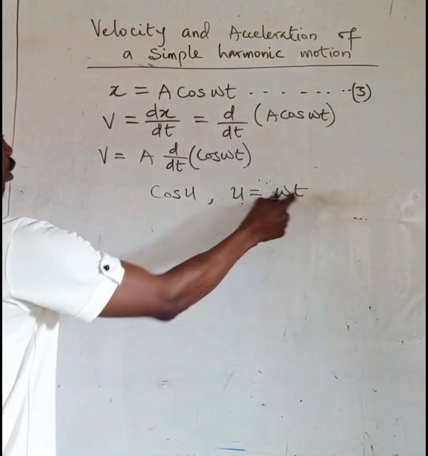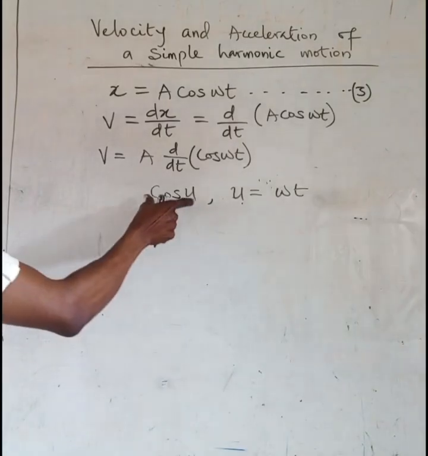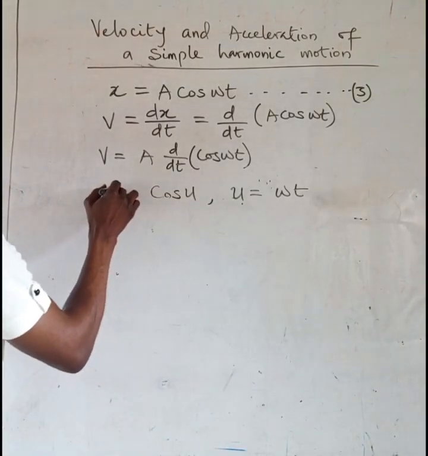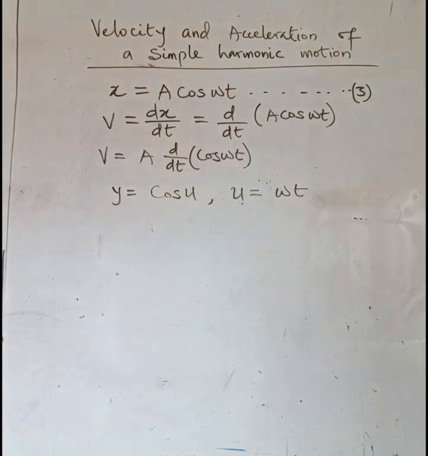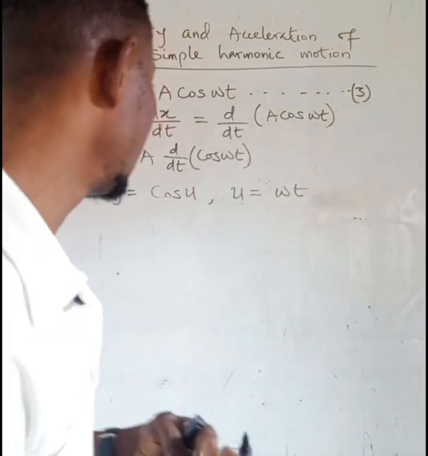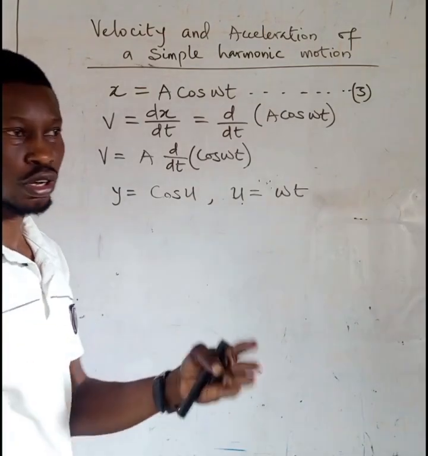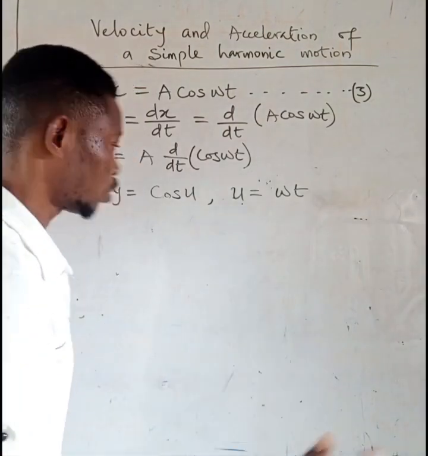So here we have a function of t, and here we also have a function of t. If we call this y, we can now bring in the chain rule. That's what we use to solve the function of a function.